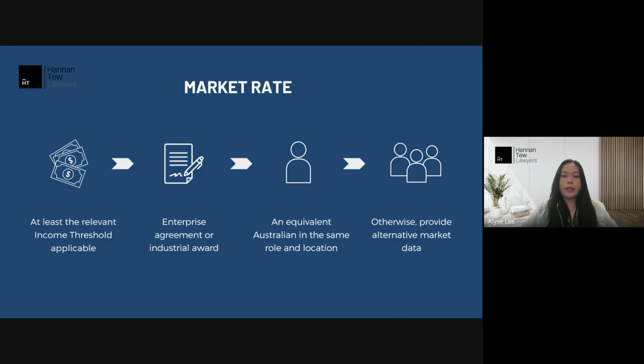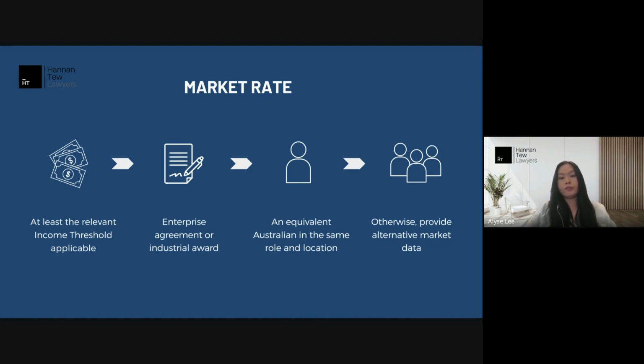If there is an enterprise agreement or industrial award that applies to the role, the business can provide this agreement or award and note which salary banding is applicable. If there is an equivalent Australian in the same role and location, so this refers to any Australian citizens or Australian permanent residents that is working in the same or similar role in that same location, then the business can provide a copy of the contract and or payslip.